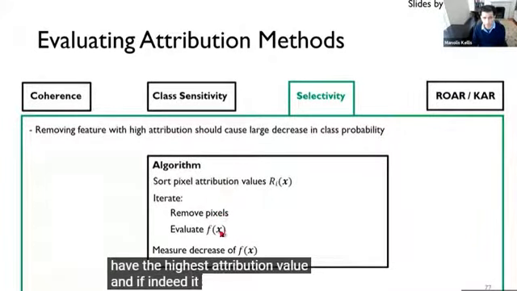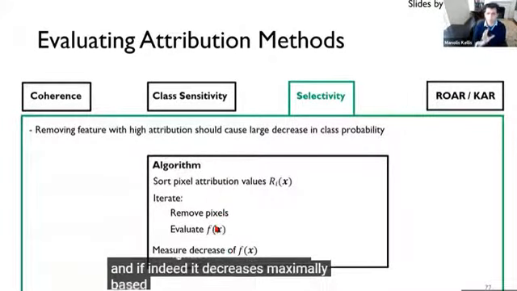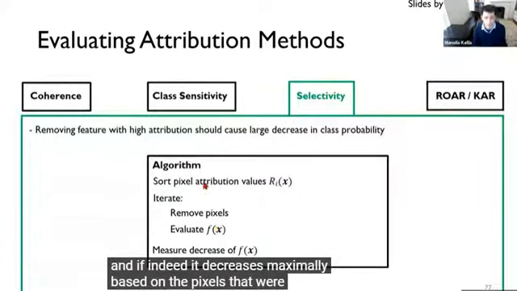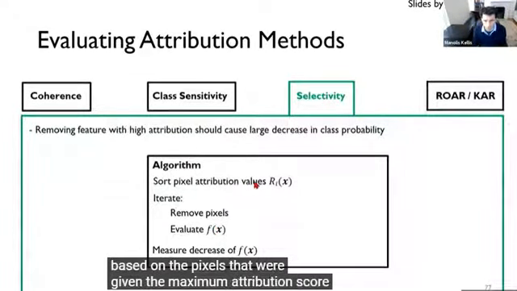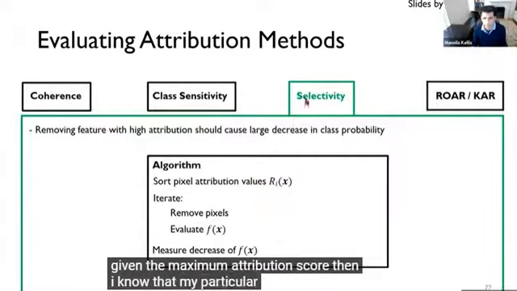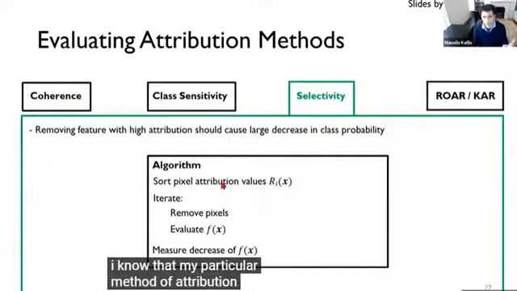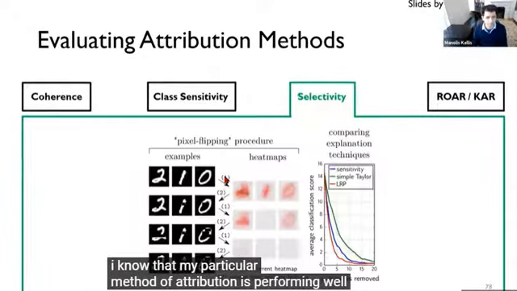And if indeed it decreases maximally based on the pixels that were given the maximum attribution score, then I know that my particular method of attribution is performing well.